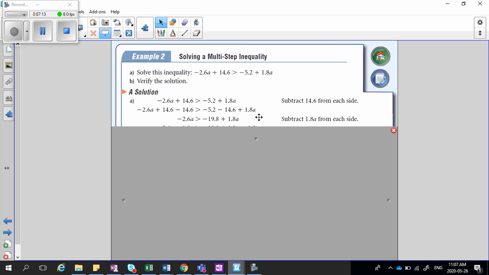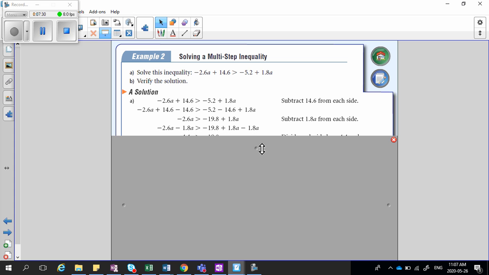Now we want all our a's on one side. So we're going to subtract this guy from both sides. We have plus 1.8a, so we're going to subtract 1.8a. But if we do it here, we have to do it on the other side too. You can see it here and here.